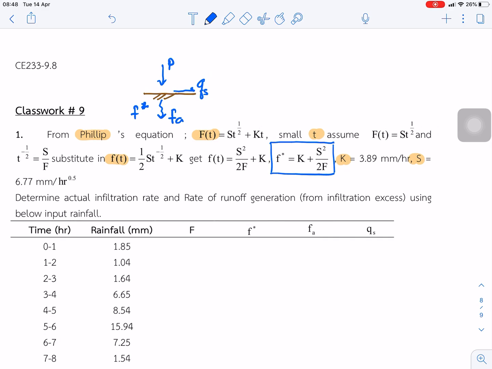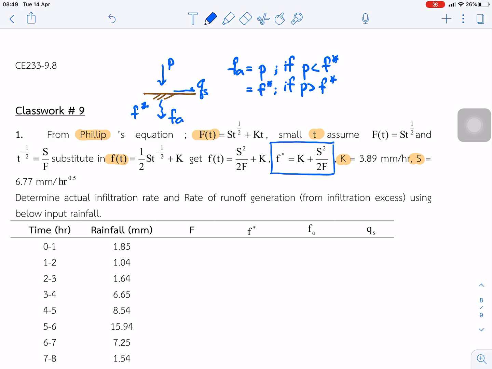So in this equation, the infiltration is equal to the rainfall if the rainfall is less than the infiltration capacity, and the infiltration is equal to the infiltration capacity if the rainfall is greater than the infiltration capacity.